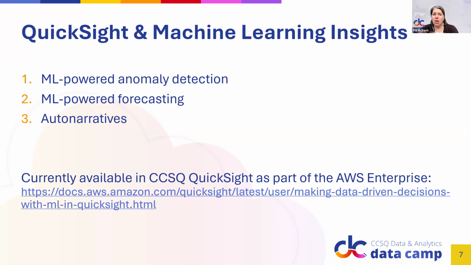There are three main characteristics of ML insights: anomaly detection, forecasting, and auto narratives. So that's what we're going to talk about today, to show you what's capable and how to get started with it. And then we'll go from there.